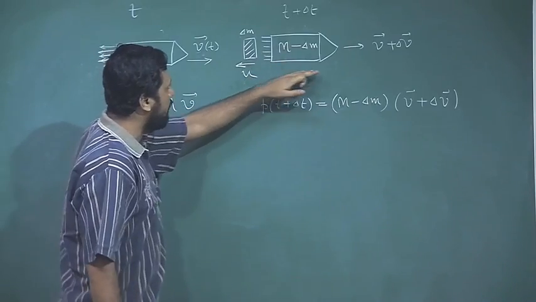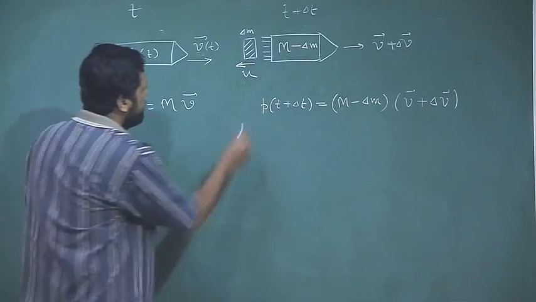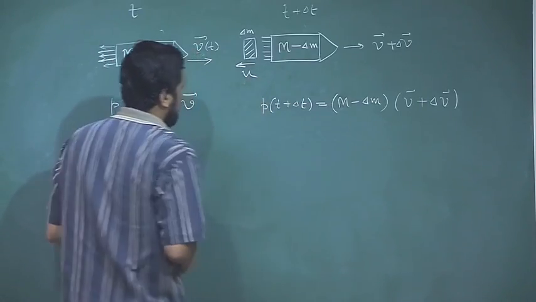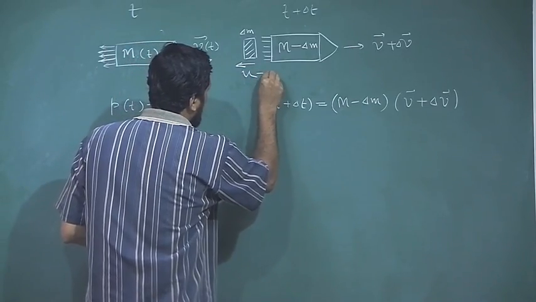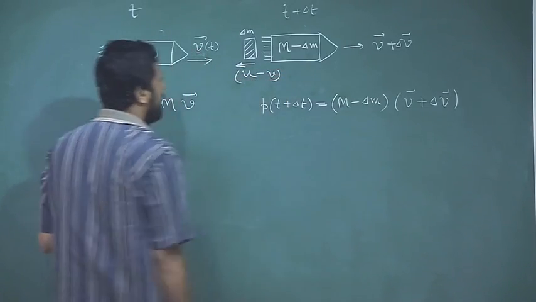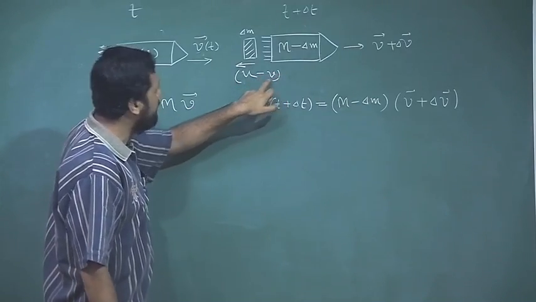And please remember that the rocket is moving with a velocity v in this direction. So the velocity at which the gas leaves the rocket body, from an inertial frame, is u minus v minus delta v.